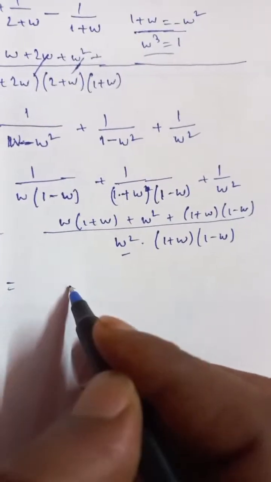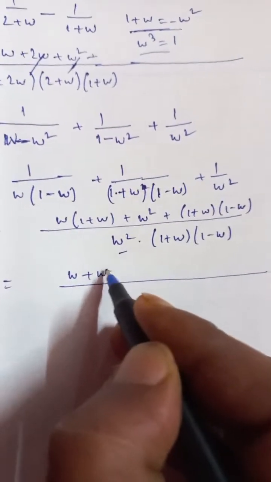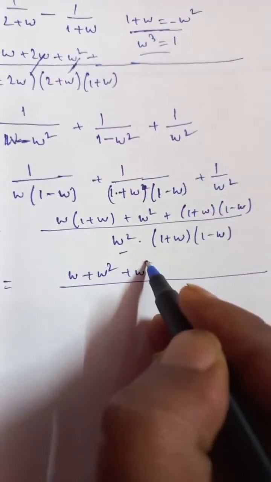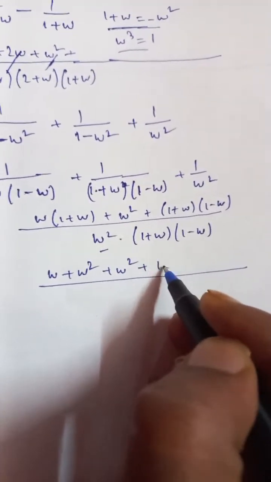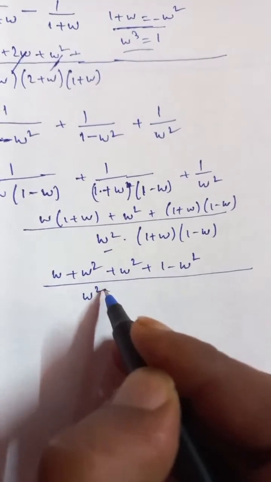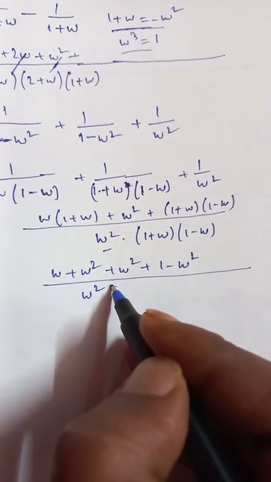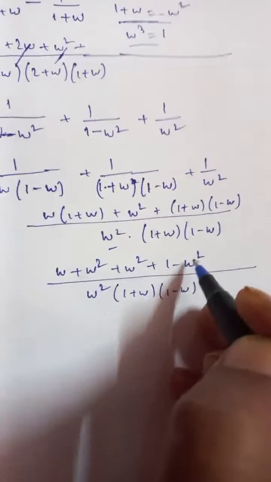So this will be omega plus omega square plus omega square plus 1 minus omega square, and then the denominator will be omega square, 1 plus omega, 1 minus omega.